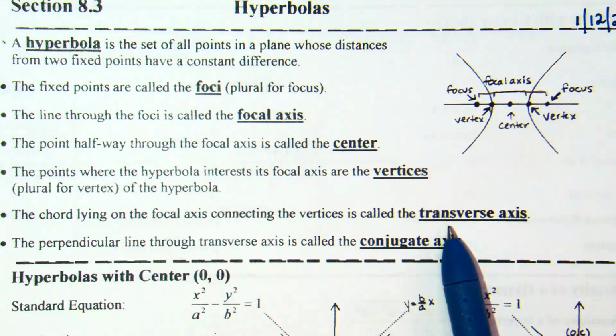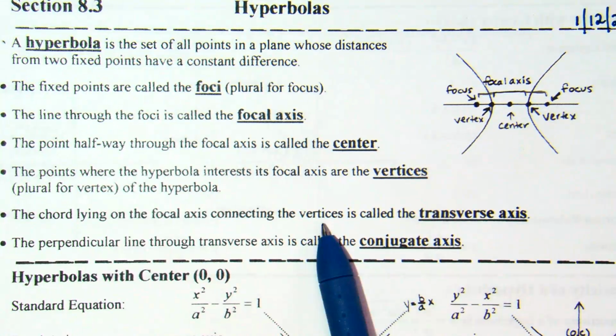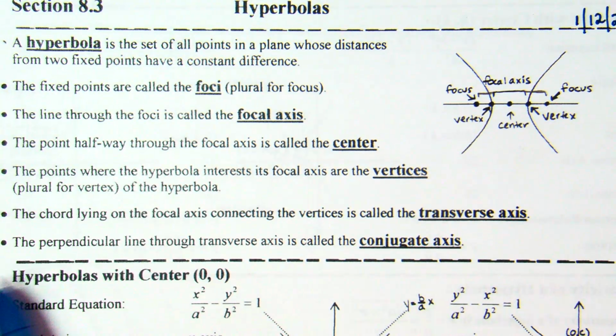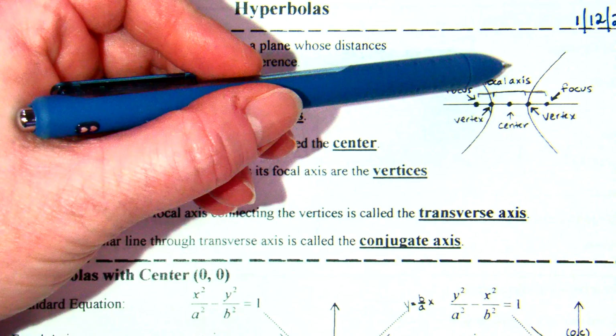It goes from vertex to vertex, which is why that focal axis is written wrong. Okay? And then the perpendicular line through the transverse axis is called the conjugate axis. So conjugate axis is similar to the minor axis because it's the one that's perpendicular through it. It would be kind of an invisible dotted line right here. It's not drawn in this picture. Okay?